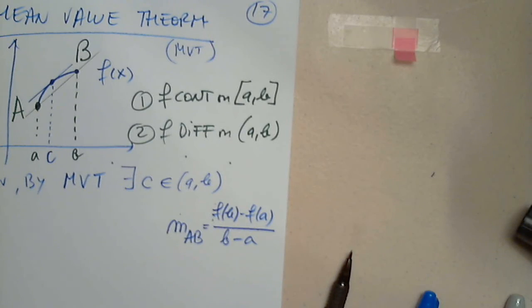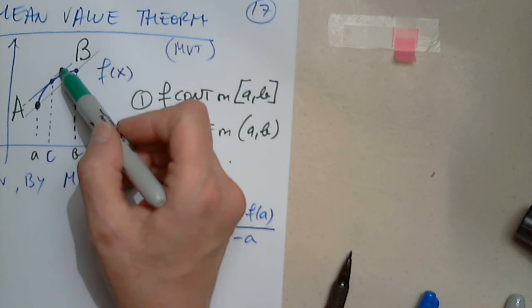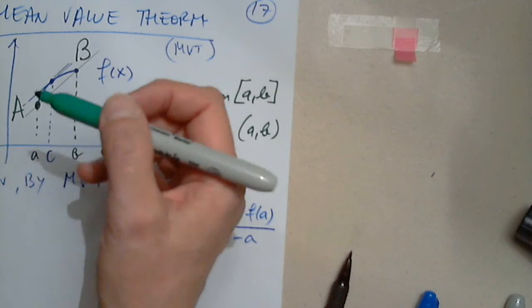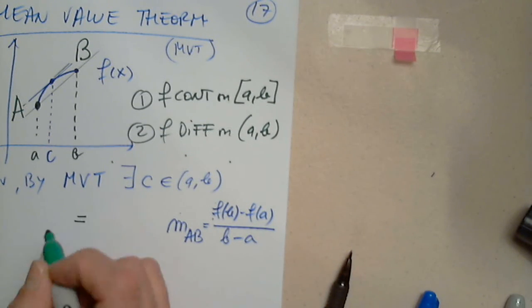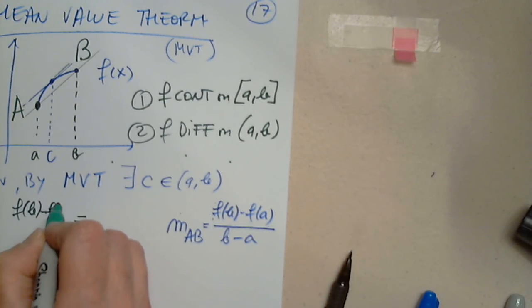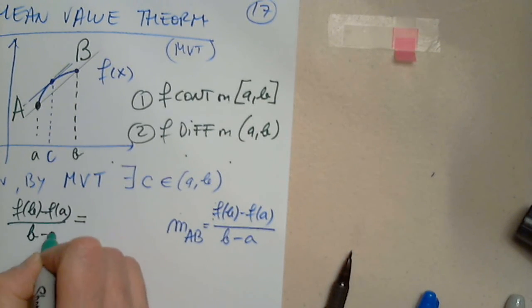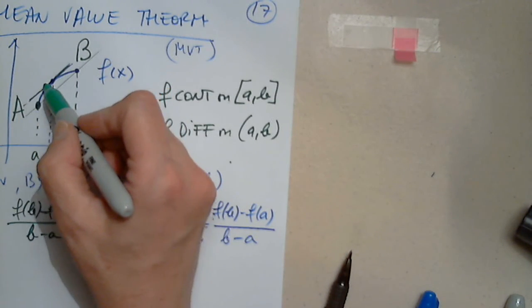So, since this line, by construction, is parallel to this line, can anyone tell us anything about their slopes? They're equal. Exactly. You already gave me this. So now I would like you to give me the slope of this line.